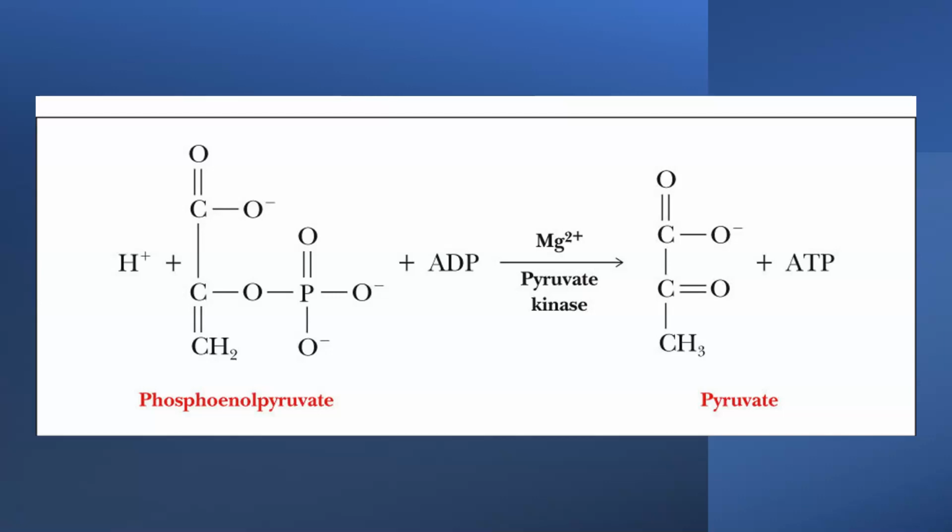We phosphorylated ADP 2 times over, giving us our net gain of 2 ATPs, and the enzyme that catalyzes this reaction is pyruvate kinase, giving us our 2 molecules of pyruvate. Finally, pyruvate kinase is our third and last regulated step of glycolysis. It is also regulated by ATP levels so that we don't have too much energy on hand when we don't need it.